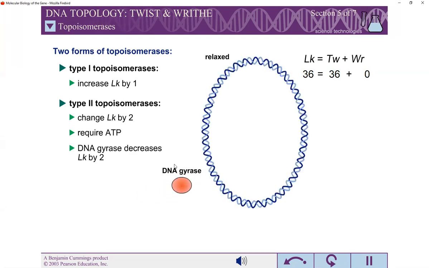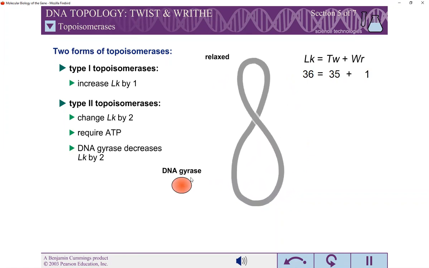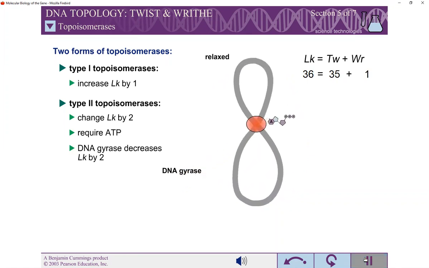Prokaryotes have a special type 2 topoisomerase called DNA gyrase. DNA gyrase decreases linking numbers in steps of 2. What do you mean by decreases linking number? That means it introduces negative supercoiling.